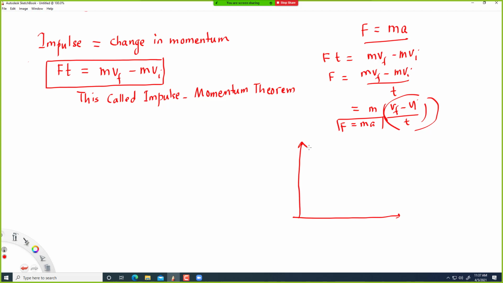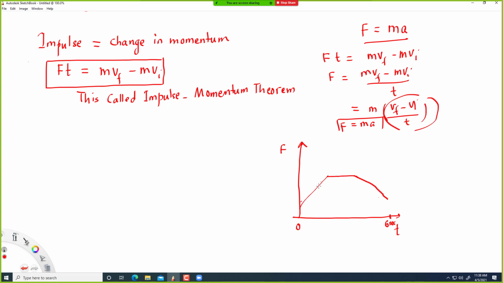So my force may be changing with time: sometimes increasing force, sometimes constant force, sometimes decreasing force. Okay, so different kinds of force. So let's say I apply force from 0 time to some time, let's say 6 seconds. What's the impulse between 0 and 6 seconds?